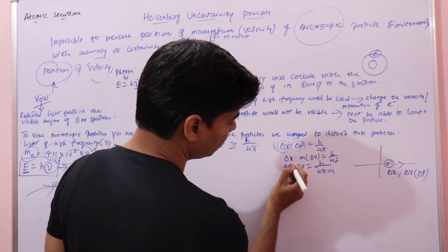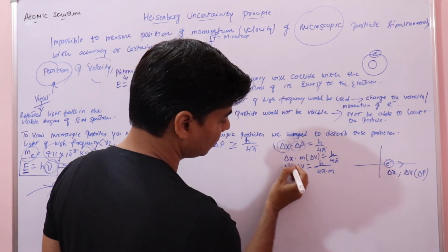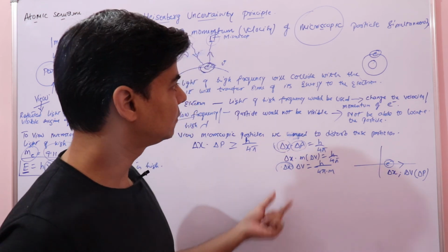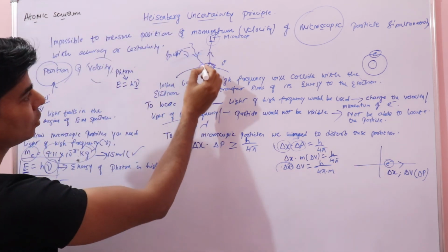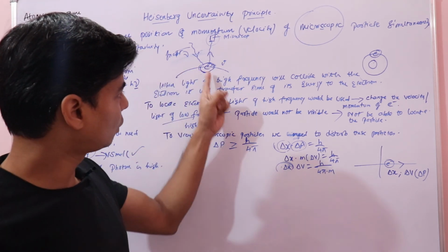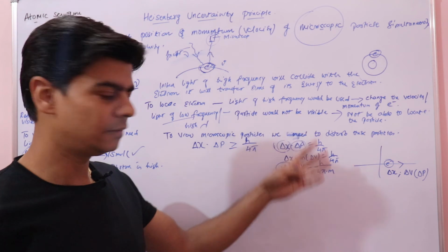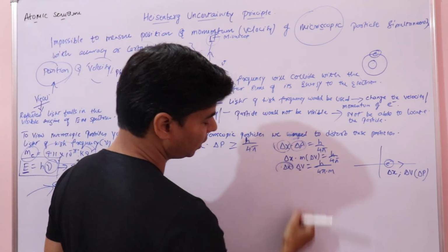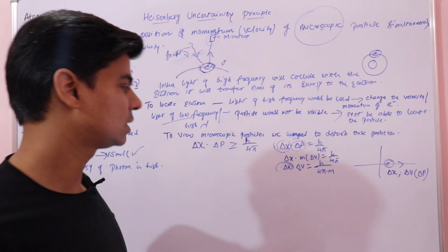So here, in order to locate the electron, we are using light of high frequency, and this photon of high energy strikes it. It disturbs its velocity, so uncertainty in velocity is high.